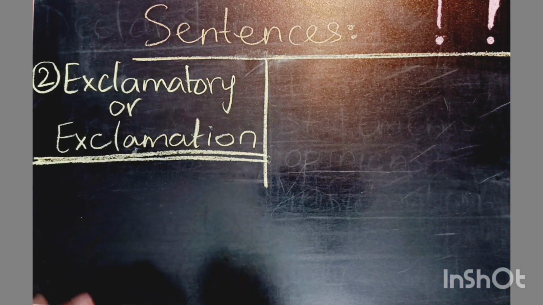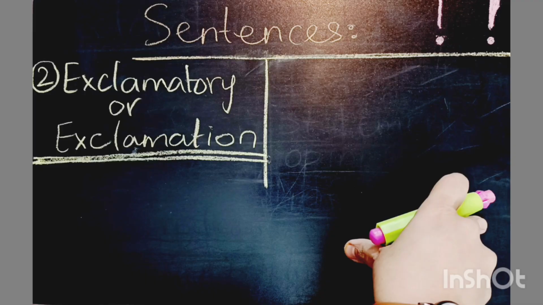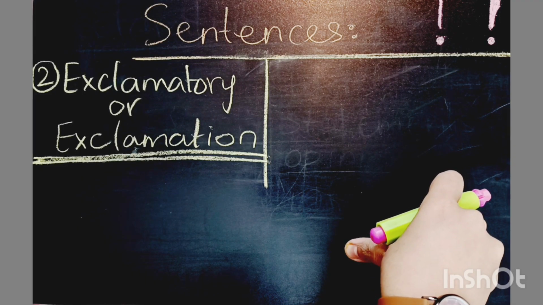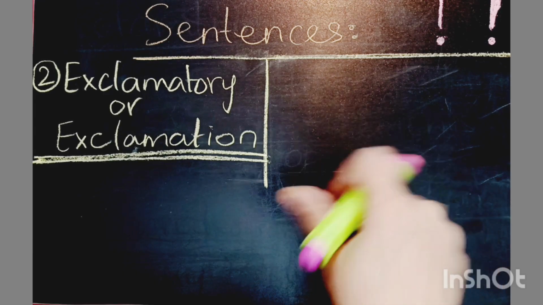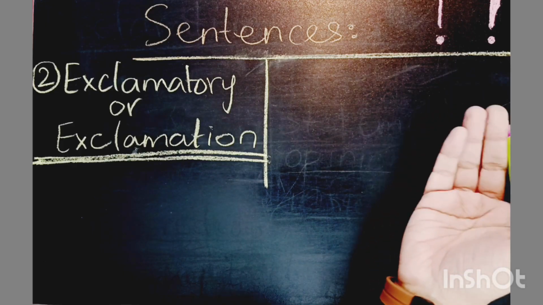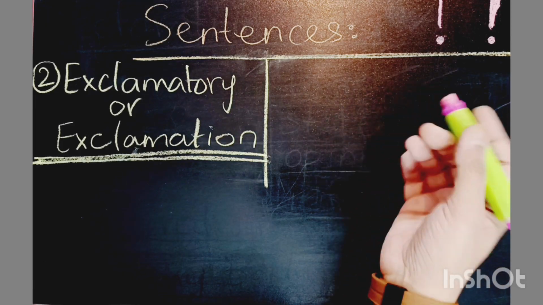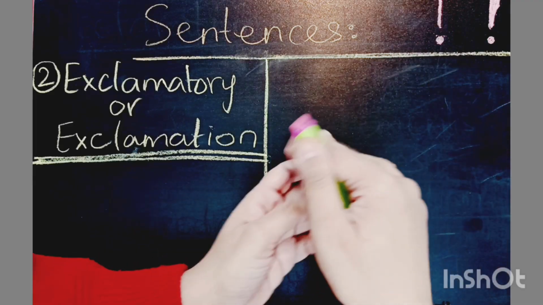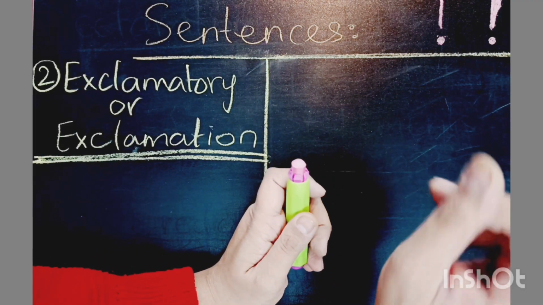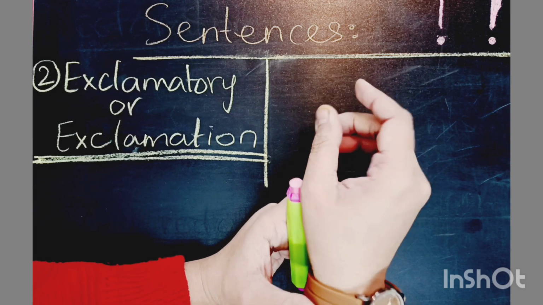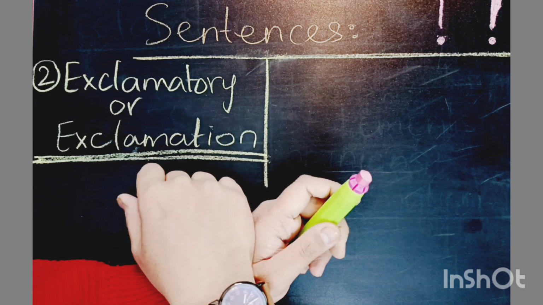Okay, let us start the explanation of exclamatory sentences. These types of sentences are used to express true, strong, and sudden emotions, as I have already told you people, towards an unexpected situation. Remember, we did interjections, which are actually the last part of speech we did in parts of speech.